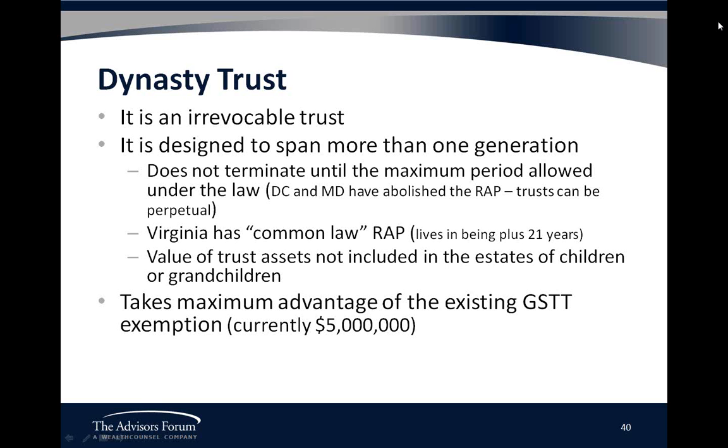Yes, but if the spouse is going to be a principal and income beneficiary and also a trustee, then the spouse is an interested trustee. So you want to limit distributions to the HEMS: health, education, maintenance, and support.